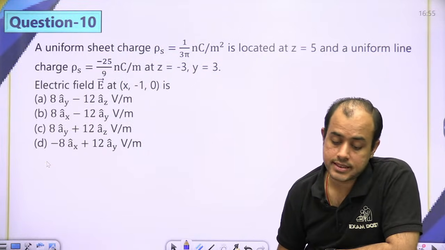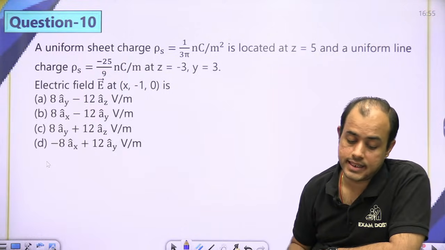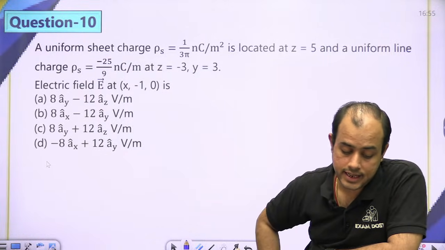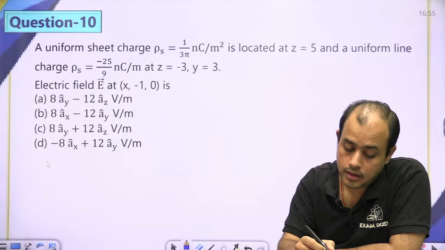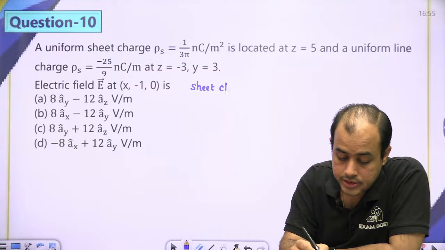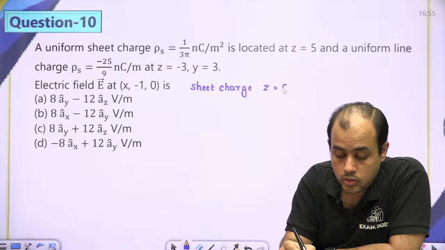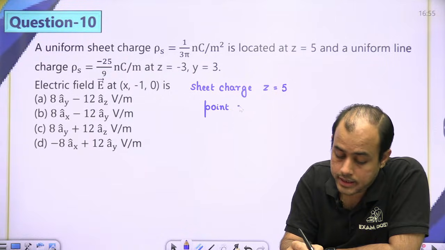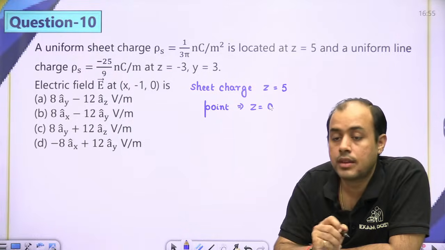Uniform sheet charge is located at Z equal to 5. Uniform line charge is at Z equal to -3. I want the electric field at X -1, 0. Now, first let us talk about sheet charge. Sheet charge is at Z equal to 5. Point Z coordinate is Z equal to.